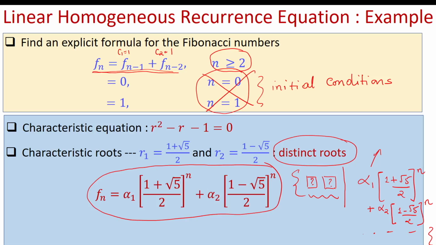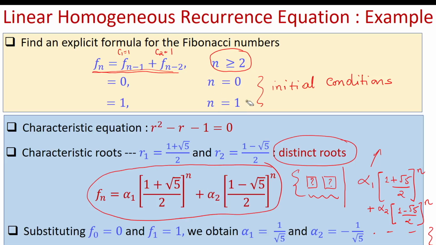But in this case, I am given the initial conditions. So I will utilize them to find the exact values of alpha 1 and alpha 2, which are consistent with the initial conditions of the actual Fibonacci sequence. I am interested in finding the sequence whose zeroth term is 0 and the next term is 1.